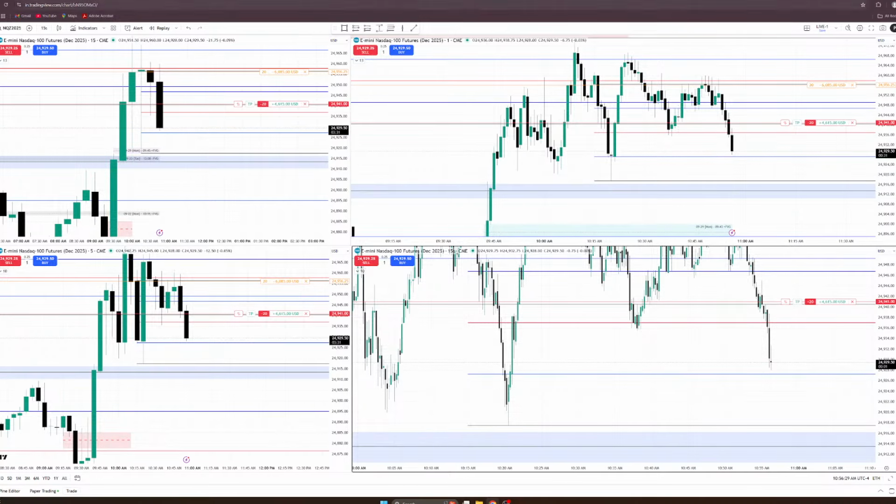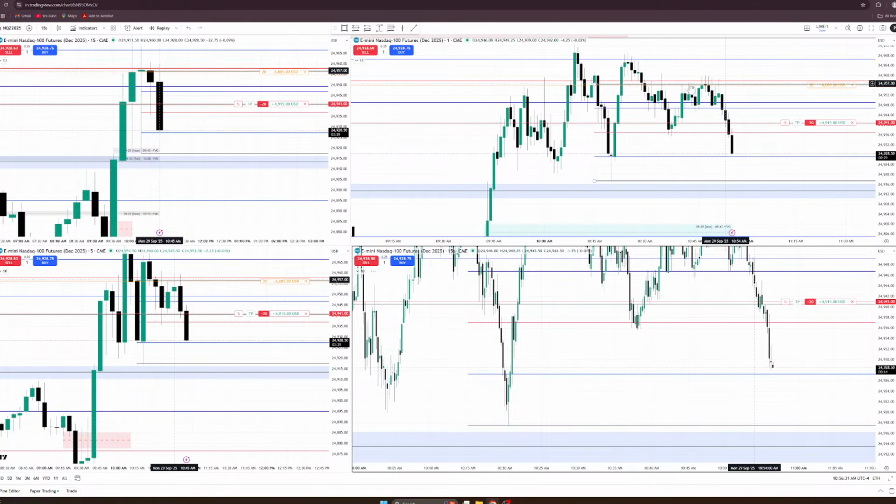You can see, guys, this 4-hour premium wick midpoint. So how price has respected this so many times, we have this rejection.